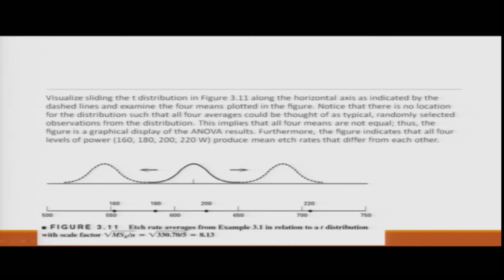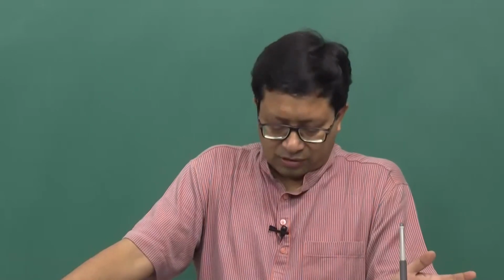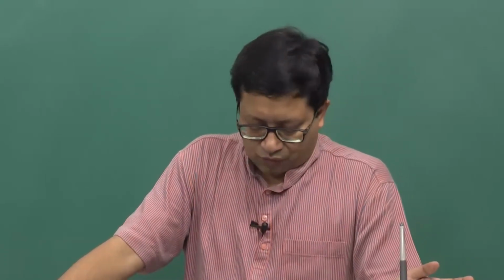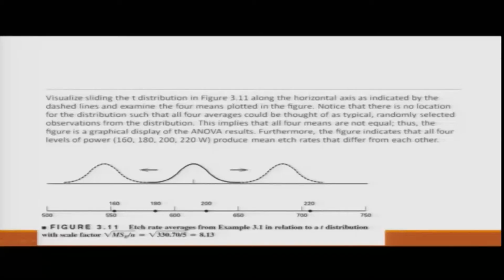Furthermore, the figure indicates that all 4 levels of power, 160, 180, 200, 220, produce mean etch rates that differ from each other, and obviously it gives you an idea that the mean values mu 1, mu 2, mu 3 are not equal. So, at least one of them being not equal would negate your null hypothesis. From here you can find out the etch rates and do your example accordingly.